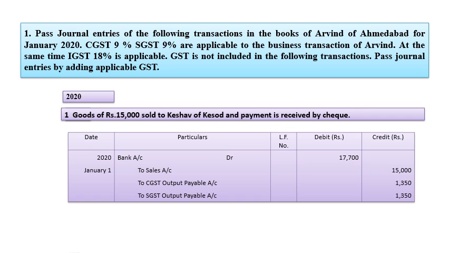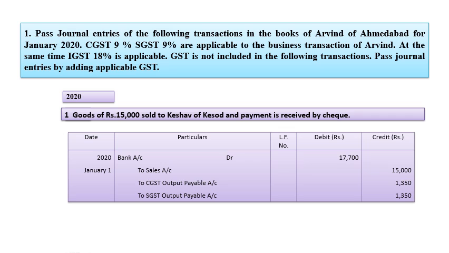So this 1,350 comes. Why is the word like that? CGST output payable. That means you made some output and that output is taxable, and now you are collecting some tax from the client or customer, and this is your liability. So that is why it is a payable account. This 1,350 plus 1,350 that you have to deposit, that is, Arvind has to deposit with the government.